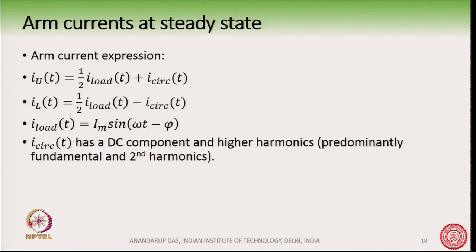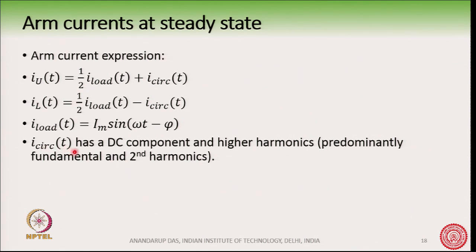So, therefore, the sum of I u plus I L is equal to I load, which is given by I m sin omega t minus phi, phi being the power factor angle of the load.